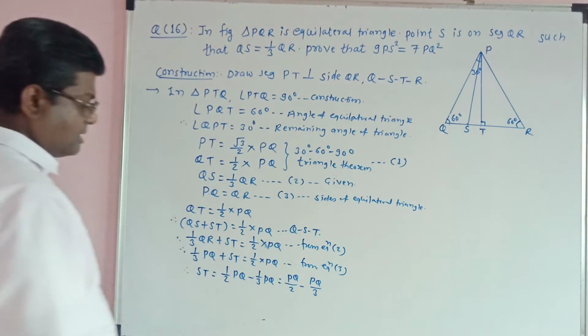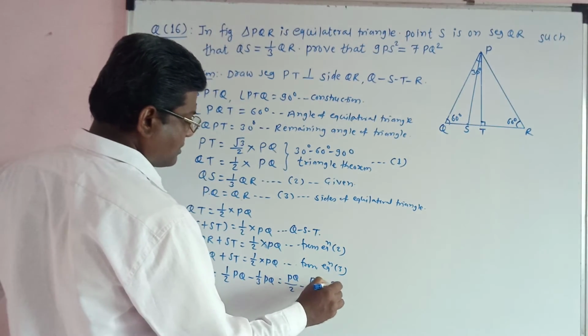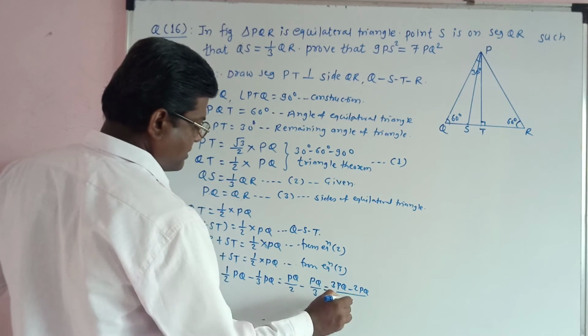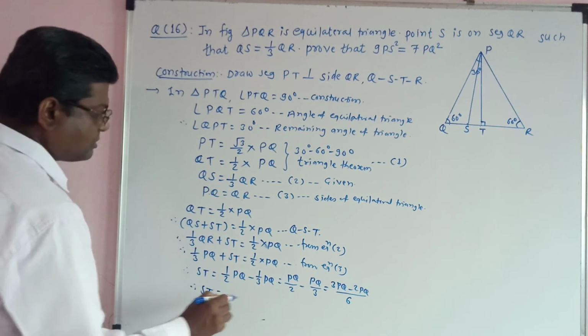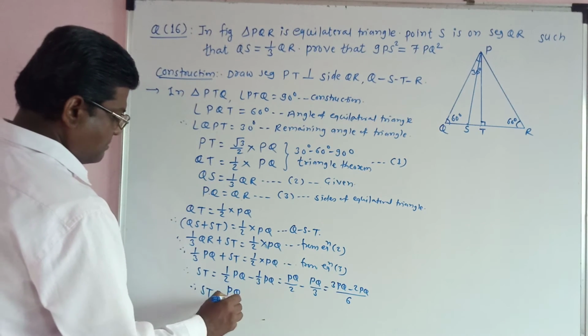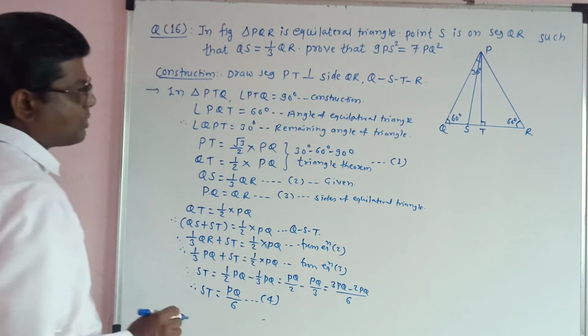By cross multiplication, it is 3 PQ minus 2 PQ upon 6. Therefore, ST is equal to PQ upon 6. This is equation number 4.